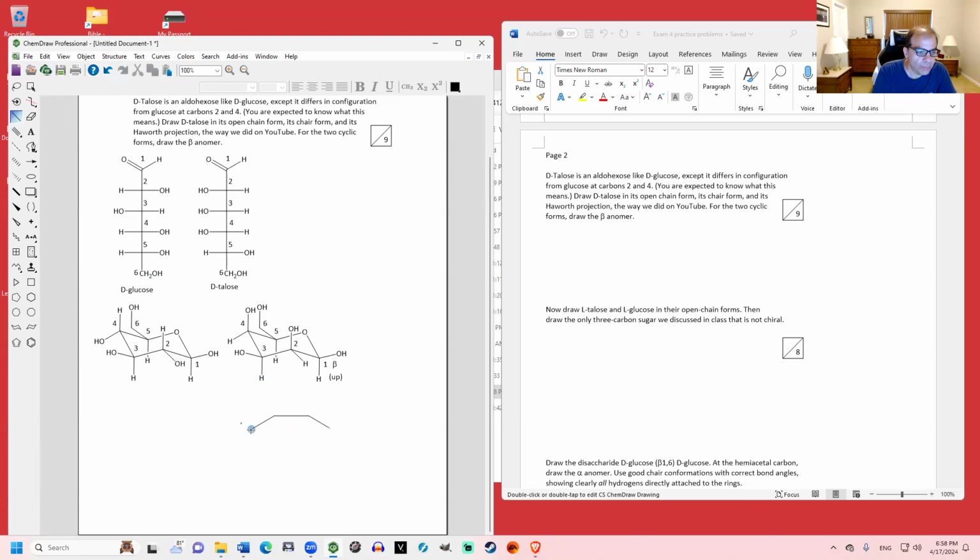This is easier with a pencil or chalk. So there's my flat ring. We put the oxygen in this position. The way you know that is on the chair, the oxygen is in the upper right. So in the Haworth projection, the oxygen is also on the upper right.